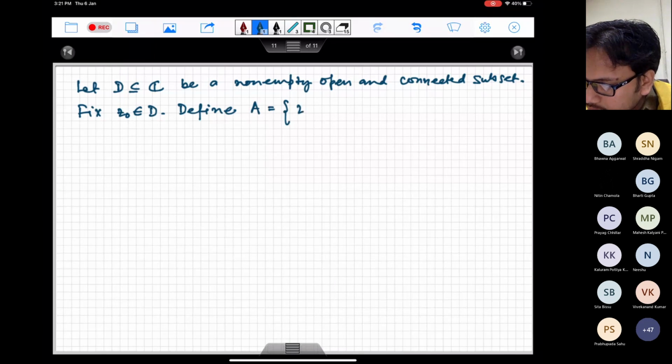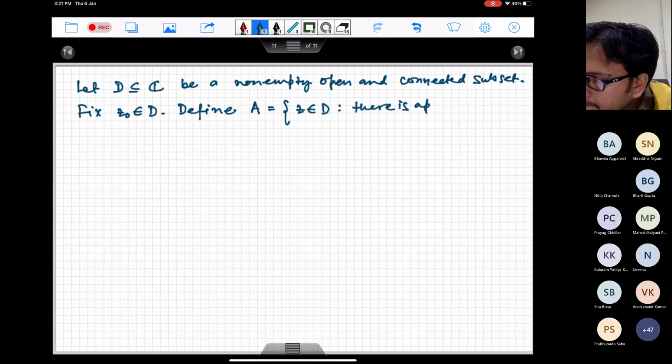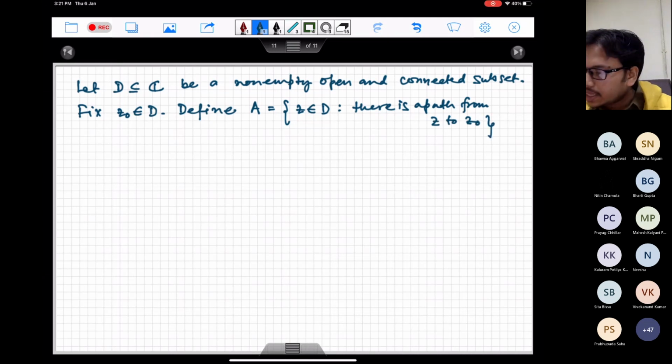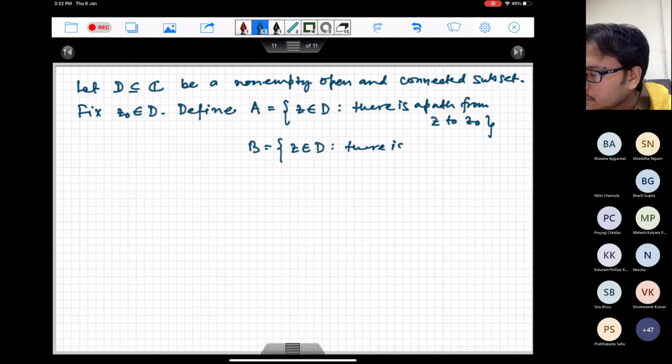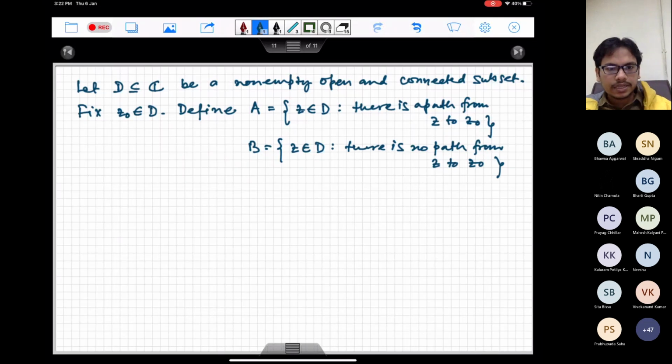A is those points Z in D such that there is a path from Z to Z naught. And B is that set of Z belonging to D such that there is no path from Z to Z naught.